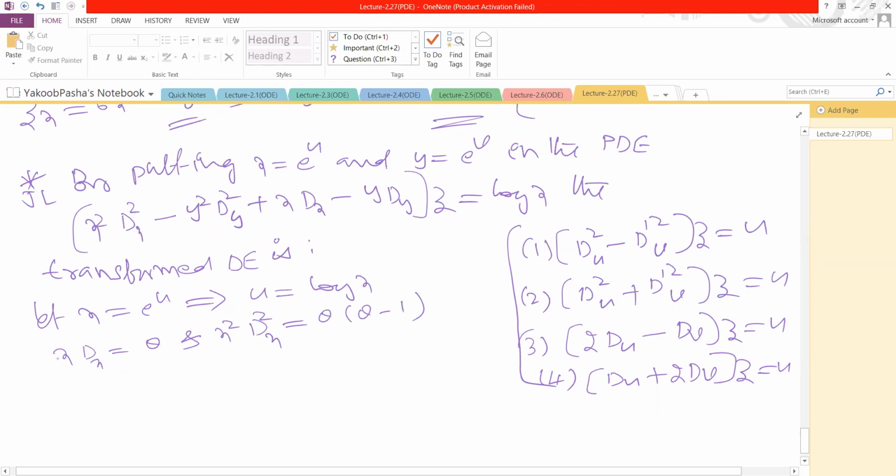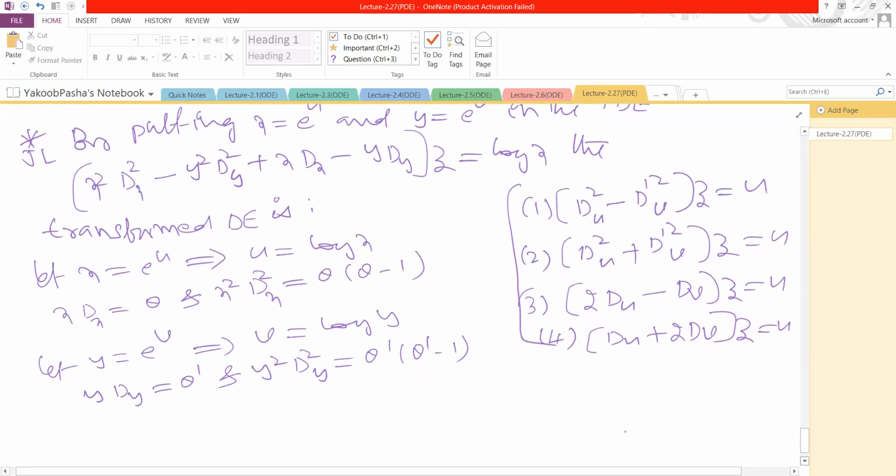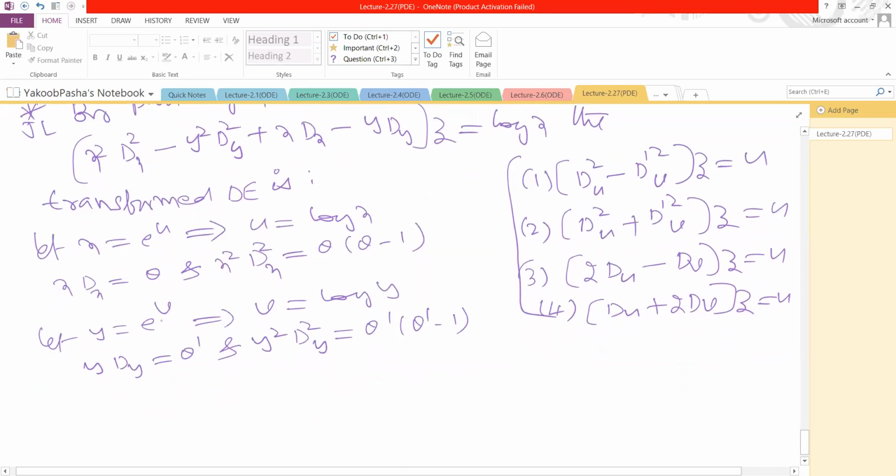Okay, and we are given y is equal to e to the power of v. From this we can write v is equal to log y, and y into dy is theta dash, and y square d square y is equal to theta dash into theta dash minus 1. So substitute in the given equation.